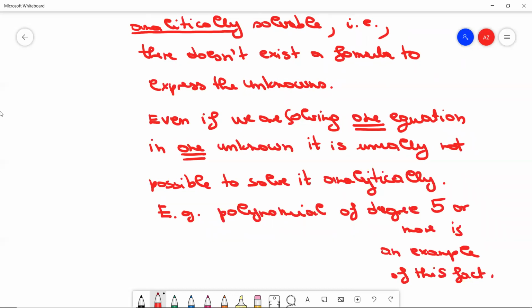However, for a general polynomial of degree 5, there doesn't exist a formula with which we could express all its roots. We cannot even express one of the roots. And here we bounced on this problem. We have a bunch of nonlinear equations. We would like to solve them. However, analytically, this won't be possible.